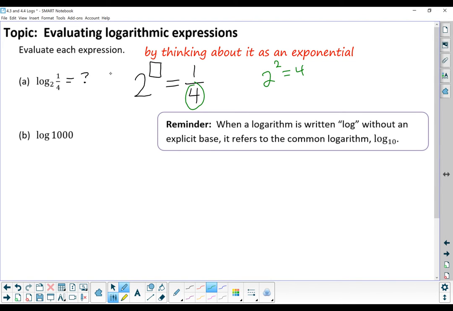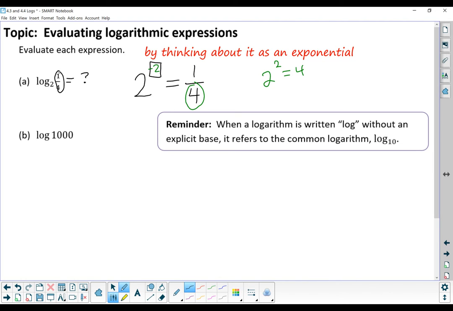So the power and the answer to our question is -2, the negative to move that 4 down to the denominator. So when you're doing this topic, try to think about the exponential form of the equation to help you come up with the answer.